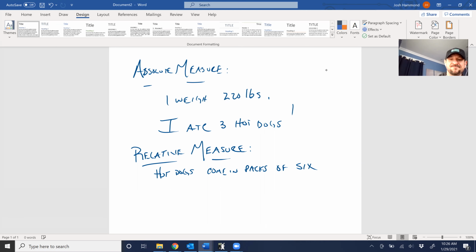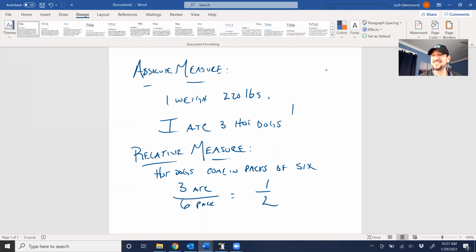I can say if I ate 3 hot dogs, I ate 3 out of 6 in the pack. What that says is I ate half the pack of hot dogs. That's the difference. Absolute measure versus relative measure. Absolute measure just counts how many. Relative measure makes a comparison.